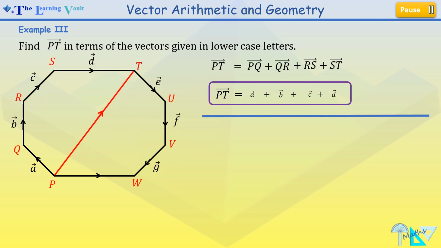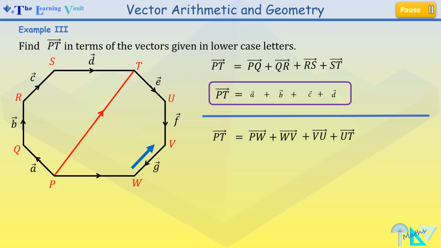Now let's look at another pathway to get PT. So we've got our vector PT. Our pathway can be PW to WV to VU to UT. Again, our chain starts with a P and ends with a T. Now let's be mindful that this time we're looking at vector WV, not VW.